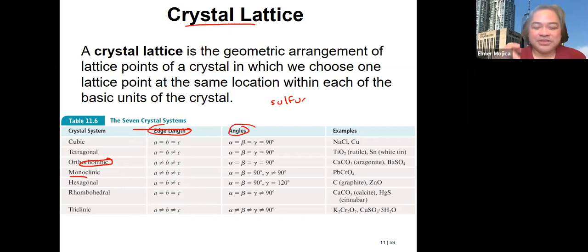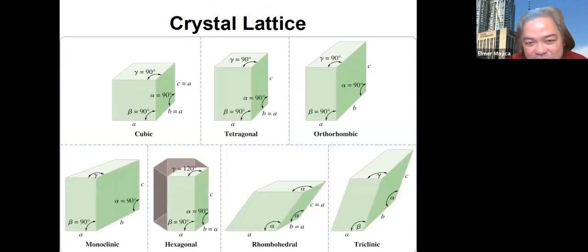So for you to determine the difference between them, maybe we put it in terms of the figures. This is the cubic: 90-degree angles and the same length of all edges. If one of the lengths is longer and you still maintain the 90-degree angles, that's a tetragonal.